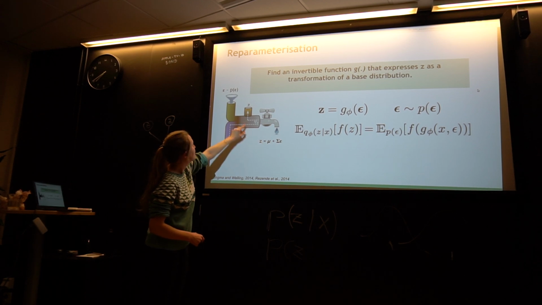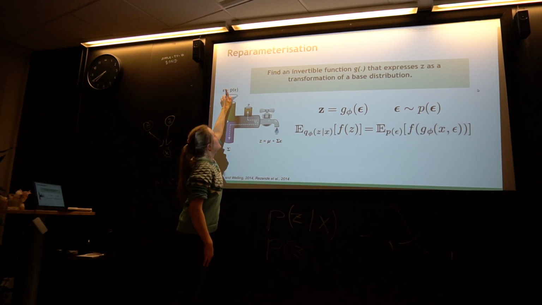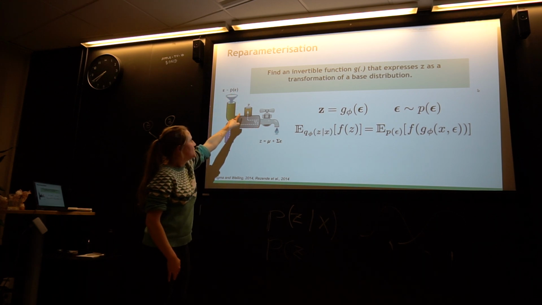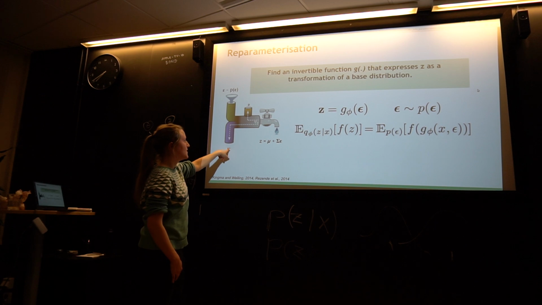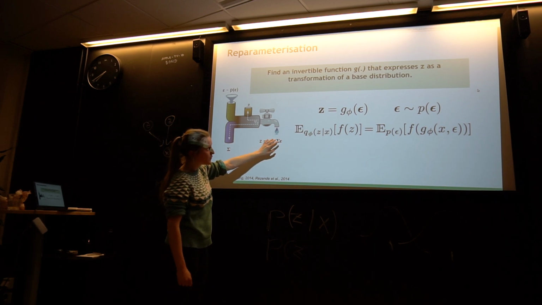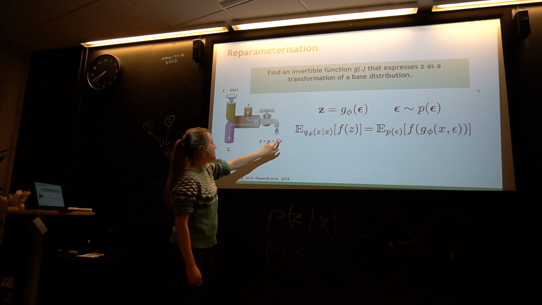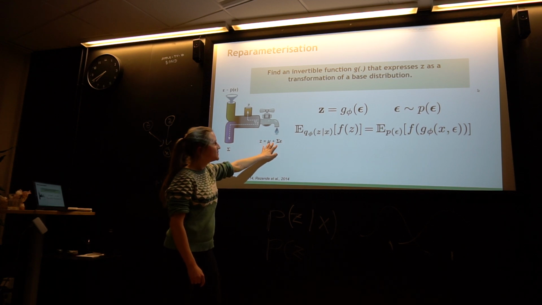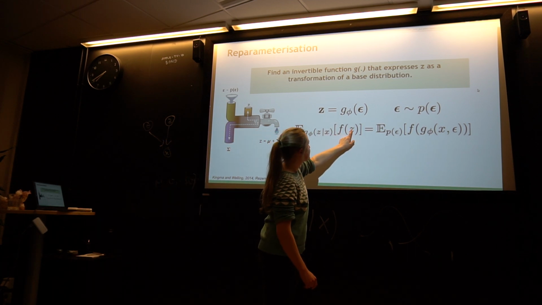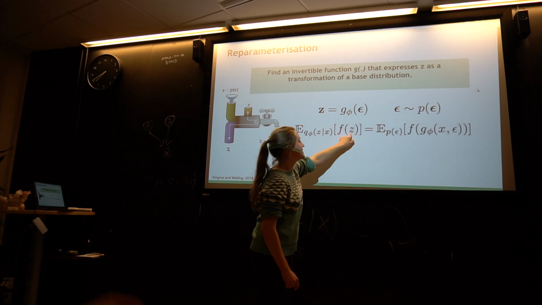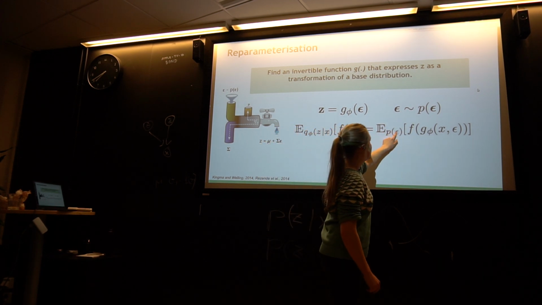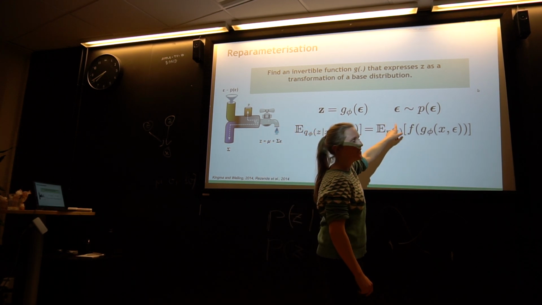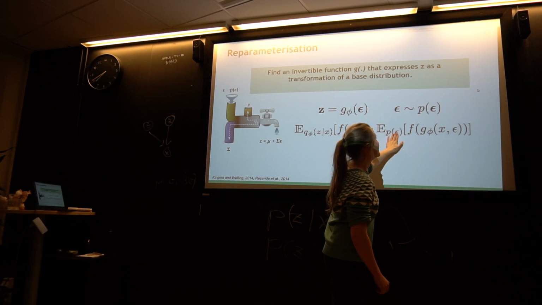We simply draw an epsilon from the standard normal distribution. We have learned the mu and the sigma from our neural network, and then we can compute a sample from this normal distribution by just having mu and adding sigma times this sample. By doing that, we remove the dependency of the gradient from the z's, and it only depends on the epsilons, which has variance 1, right? So it's nice.